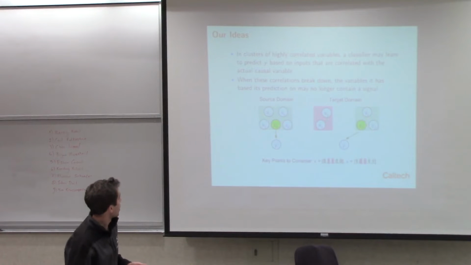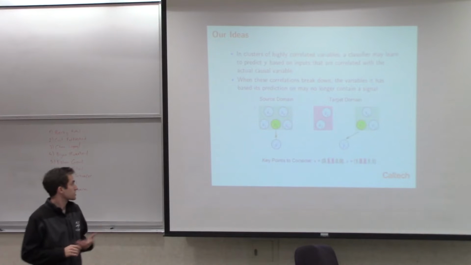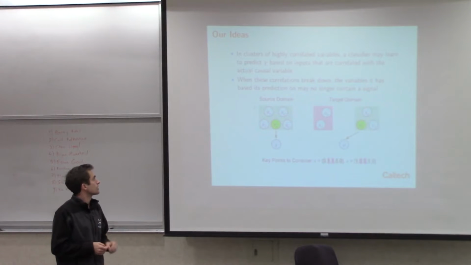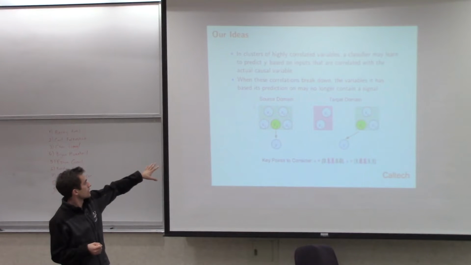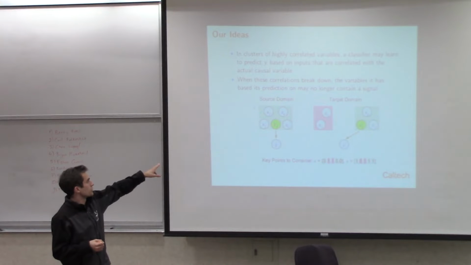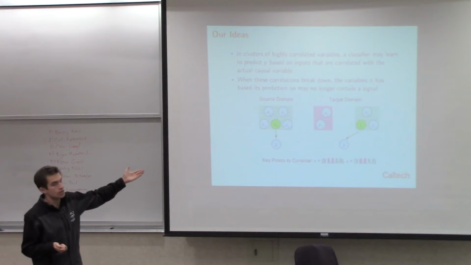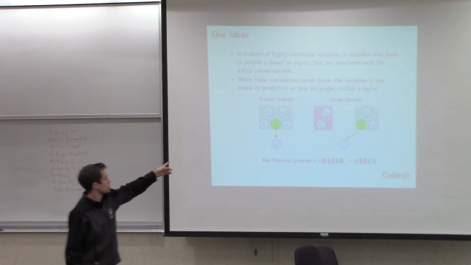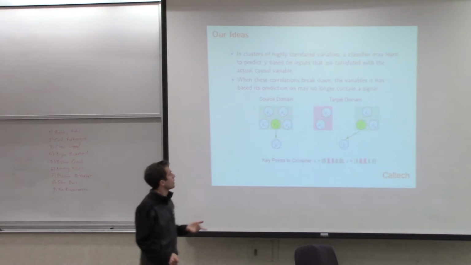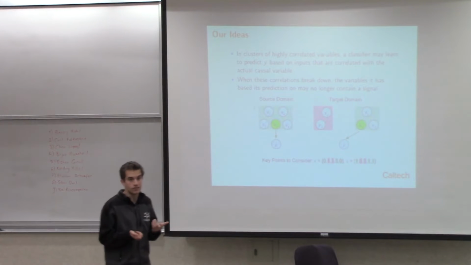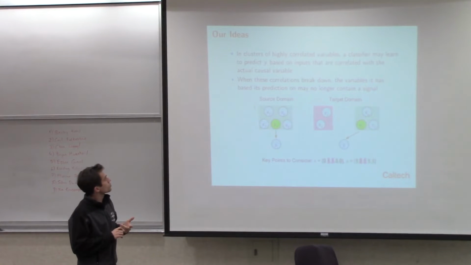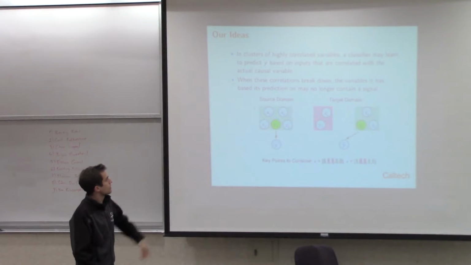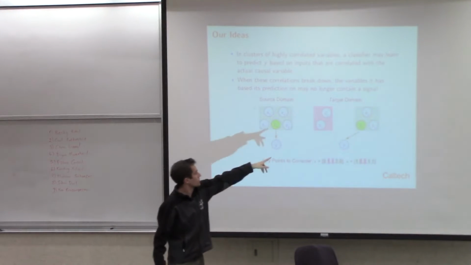This is an illustration of what can happen. If x1 is this light green variable here, that's the actual cause of y. We could have picked any of the variables, or a combination of them all in this cluster. These are all things highly correlated with x1, and we could have created a classifier based on that. Now once we go to a target domain, maybe this cluster splits into two different clusters.